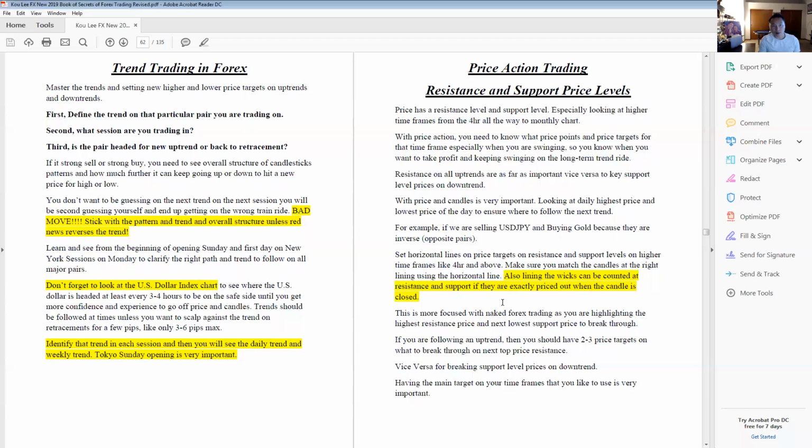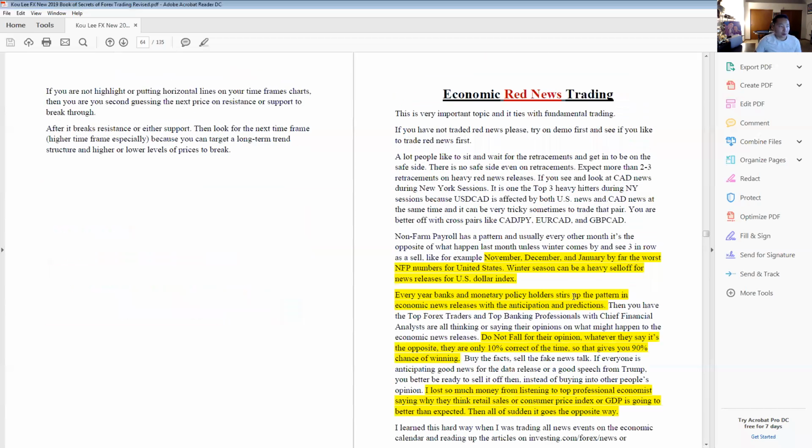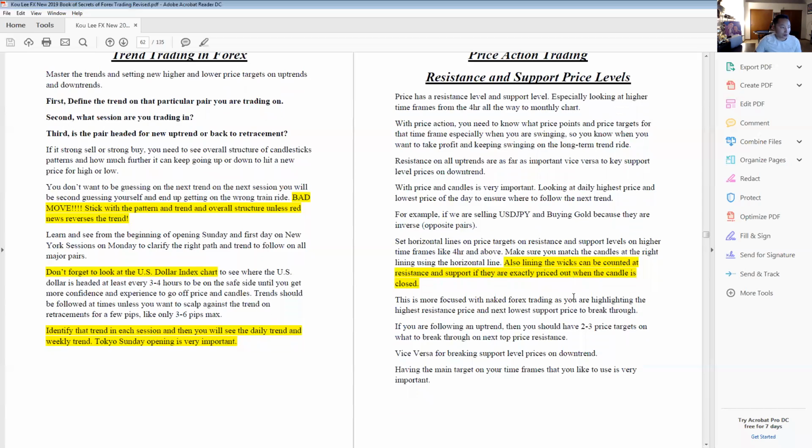I only use that in a rare case, if I see that it outlines perfectly, and you would draw your horizontal line towards those pin bars off the wicks. So that's something to look into if you want.